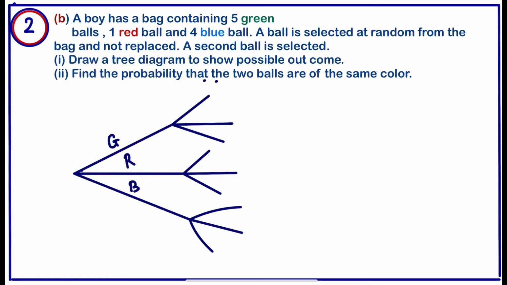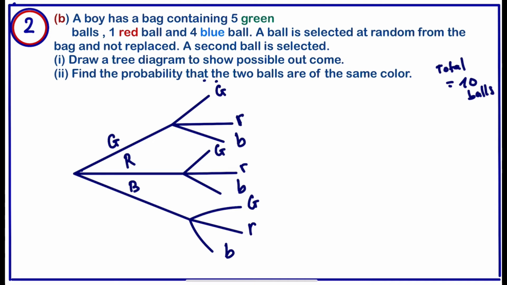So we still put the same 3 colors: green, red, blue, green, red, blue, green, red, and blue. So this is what we are expected to do. Now the next thing that you should know is that normally we set a total of 10 balls.